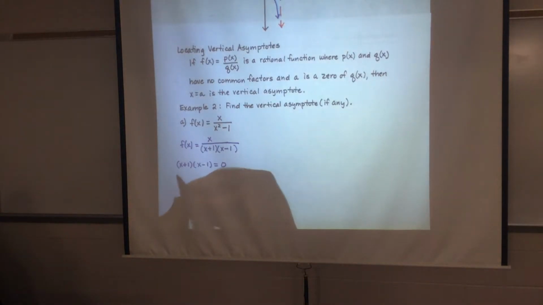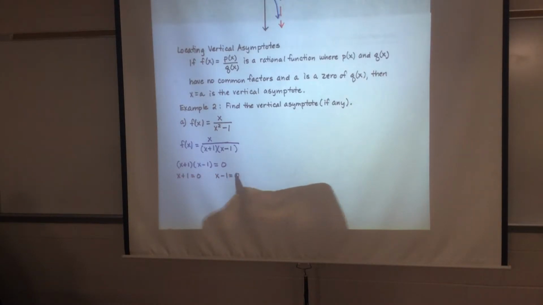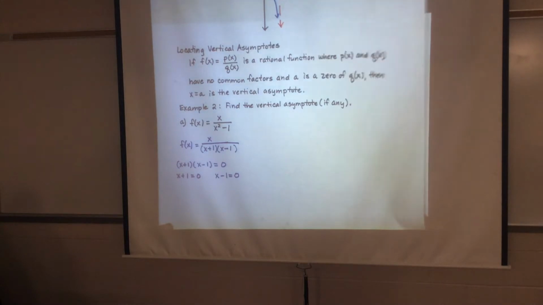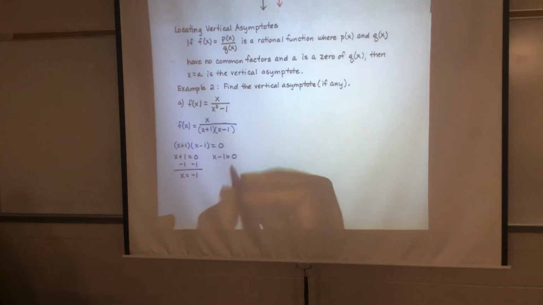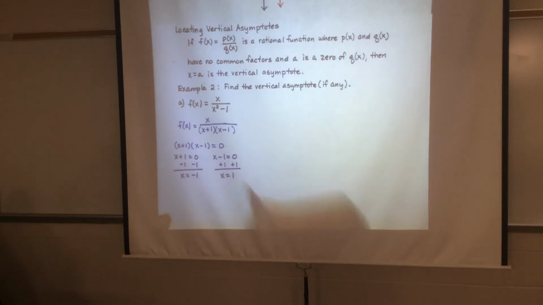So for the x, I have x plus 1 equals 0, and x minus 1 equal to 0. Set each binomial factor equal to 0. Now I can solve for x. X plus 1 equals 0 means x is equal to negative 1. And then for the x minus 1 equal to 0, I got x is equal to 1.